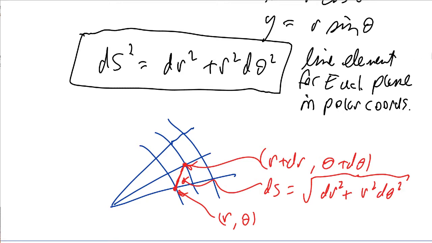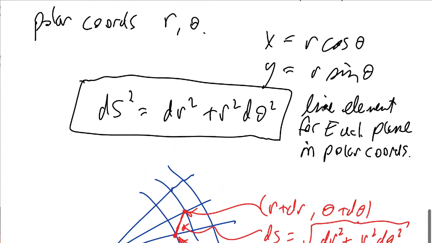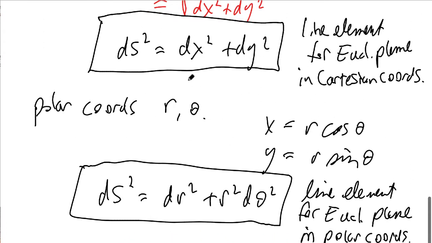Another way that we can derive this result for the line element in polar coordinates is by starting with the line element in Euclidean coordinates and using these relations. Okay, so from x equals r cosine theta, we can compute dx.